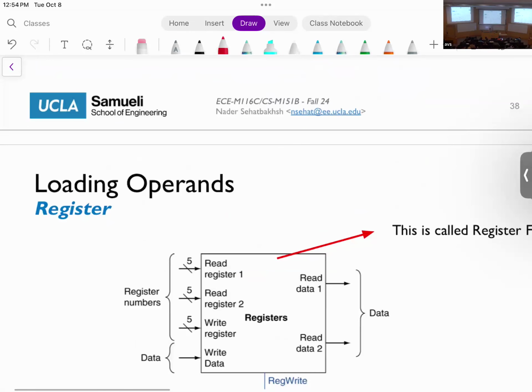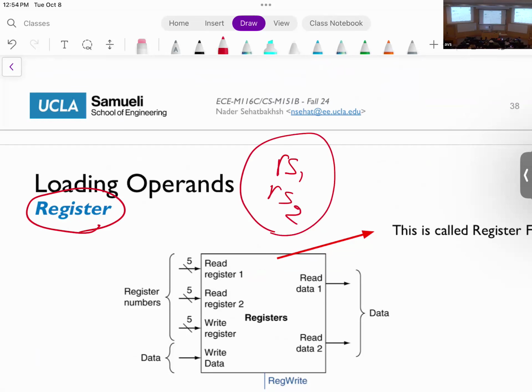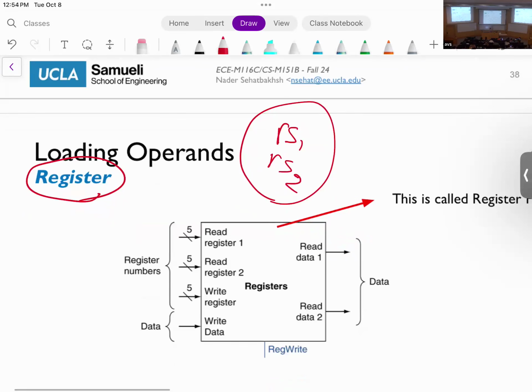A more involved process is reading a register. Remember that I told you that reading a register is going to the register file and reading the data from it, okay? And remember I told you that at any given time, we might have at most two sources, RS1 and RS2, okay? So the way that we're going to design a register file is such that I can read both registers at the same time.